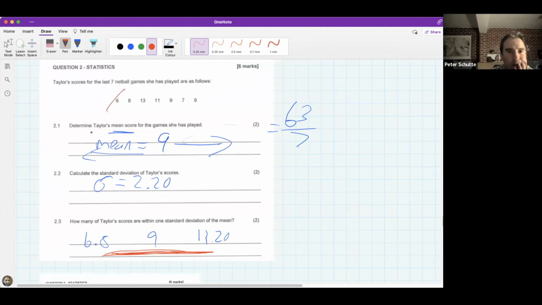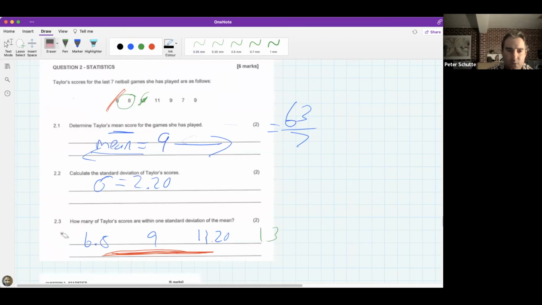So it's not going to be that one. Is that one? Is that one? Oh, wait, it's not 13. I lie, because 13 is outside the range. So 8 is in the range. 13 is outside, and 6 is outside.